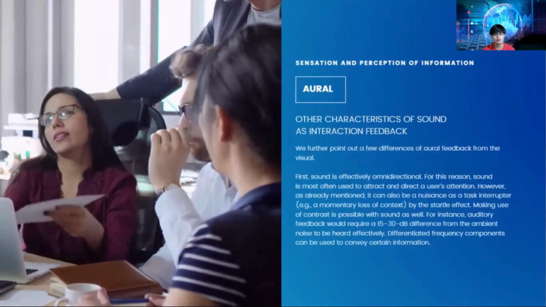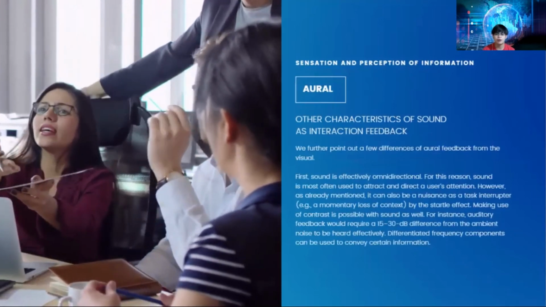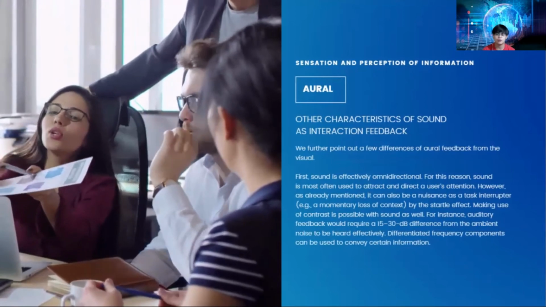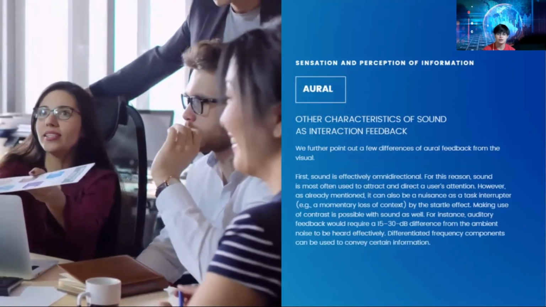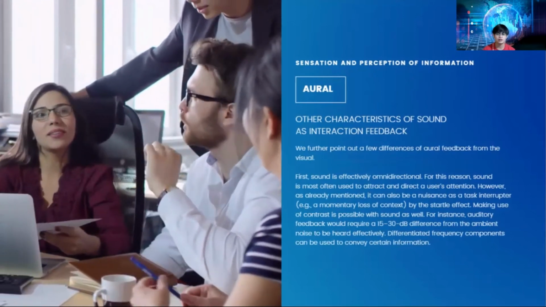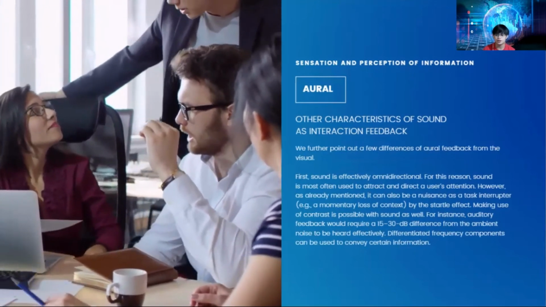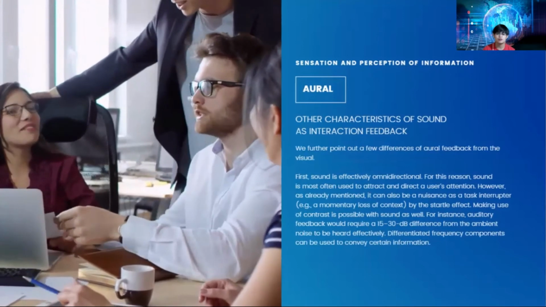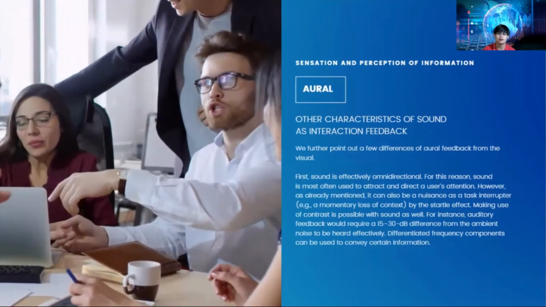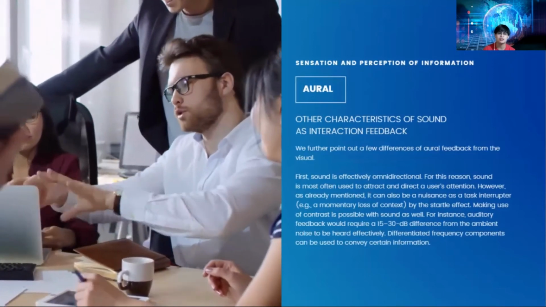Next is other characteristics. We further point out a few different aural feedback from the visual. So first, sound is effectively omnidirectional. For this reason, sound is most often used to attract and direct a user's attention.